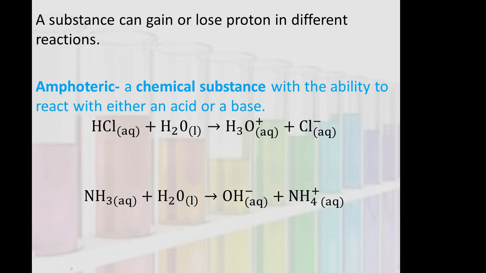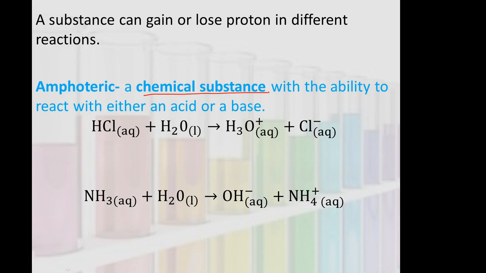A chemical substance, that's kind of the key word. There are two words that look almost identical, amphoteric and amphiprotic. Amphoteric is a chemical substance with the ability to act as either an acid or a base.